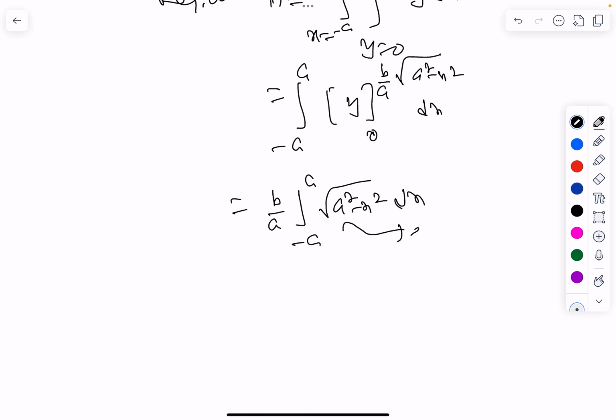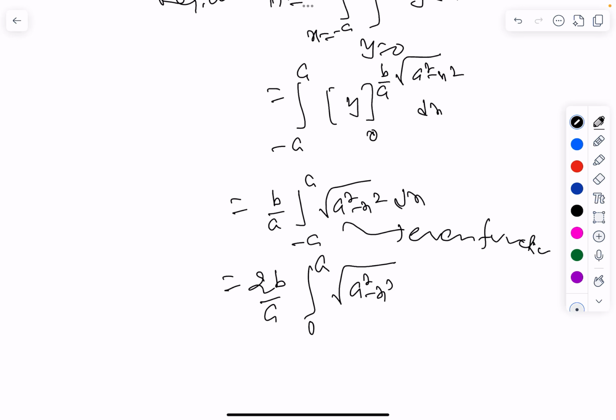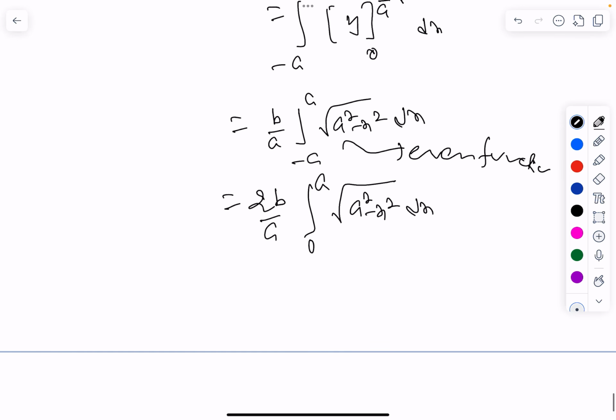And this is even function. So we can write this is 2 times b by a, 0 to a, root of a square minus x square dx. You can directly use the formula, or you can do another thing.